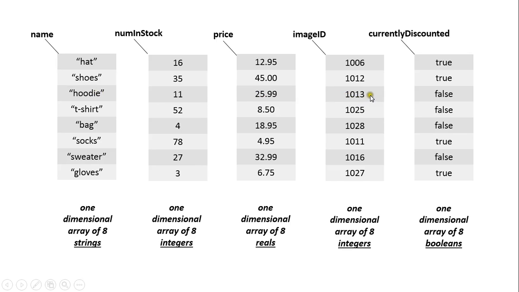And I have a little graphic or image of the hoodie, and the image ID is 1013. And this array is an array of booleans indicating whether or not the item is currently discounted. So we have 5 data structures, 5 one-dimensional arrays of various different data types.